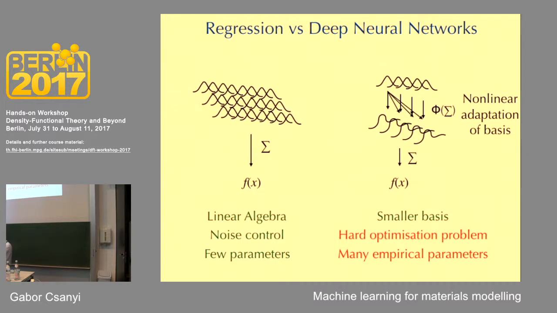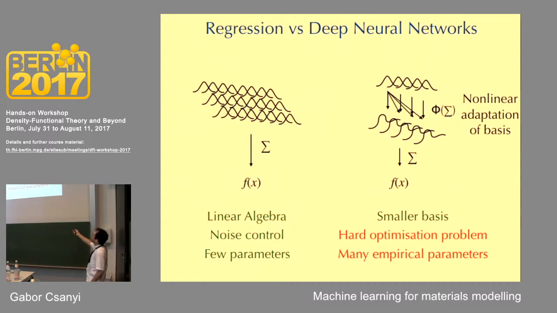A comment about deep neural networks. You can think of what I've shown you as linear algebra, basically taking some basis functions in some space that we need to carefully think about, and just adding them up as a sum to produce my function. That's what I showed you before.